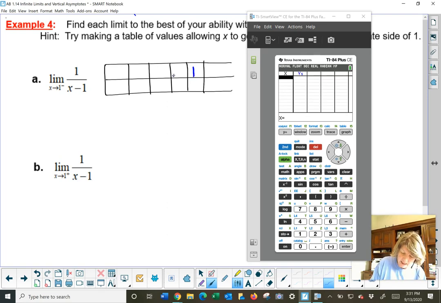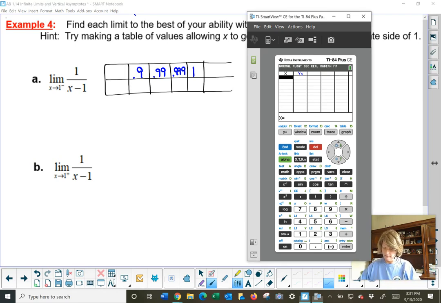From the left side, I'm going to think 0.999, 0.99, 0.9, and that's probably good enough. So I'm going to put in my 0.9, going to put in my 0.99, and 0.999. What happens if I put in 1?